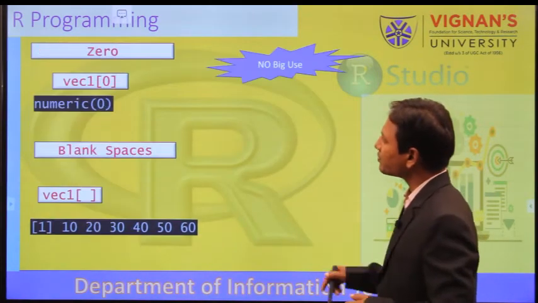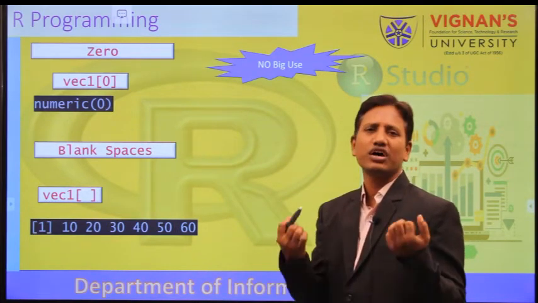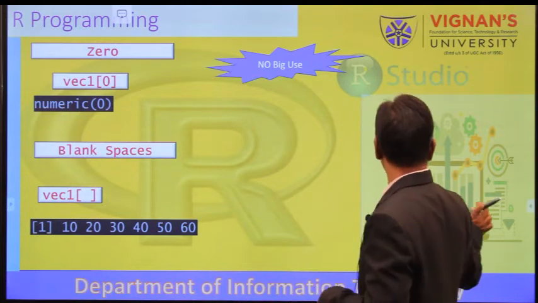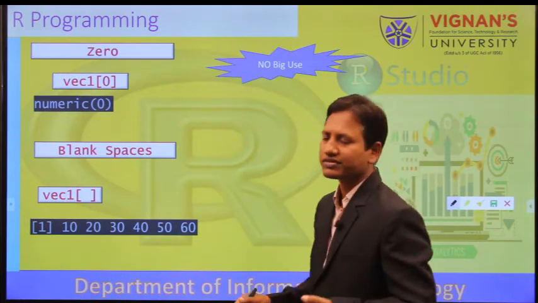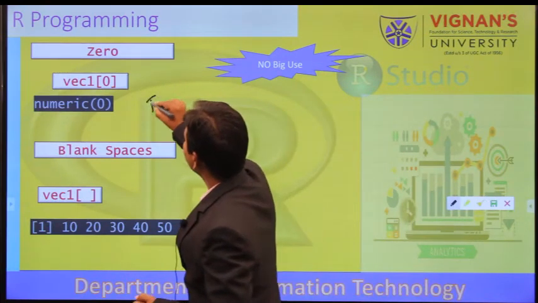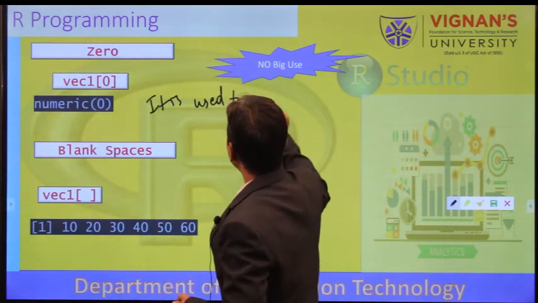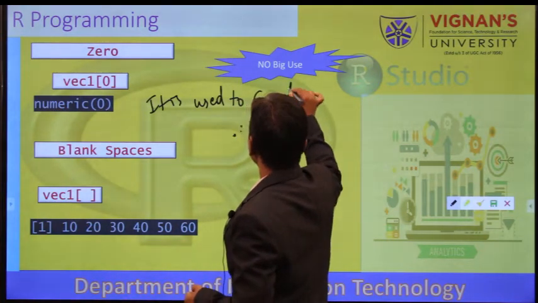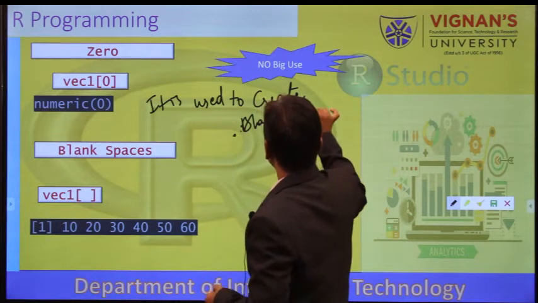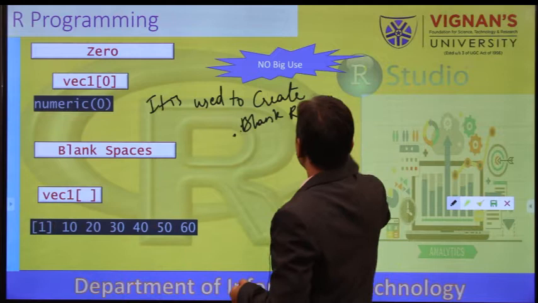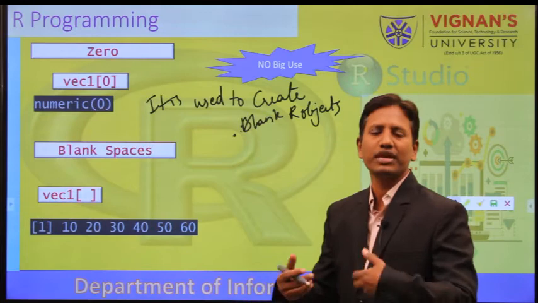We'll see further how to use this 0. Actually we don't have much use with 0. 0 is generally used to create blank objects. It can be a list, a vector, or a data frame. It can be anything.